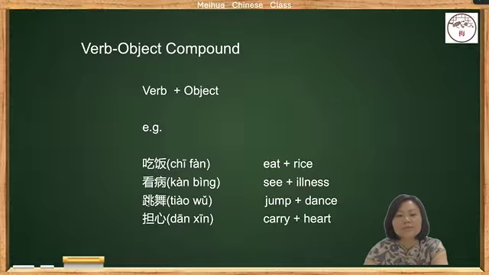看. The third one, 跳舞, 跳 is jump, 舞 is dance. Because 跳, you can see you are dancing. The object is dance. But the object can also be the exercise, right?